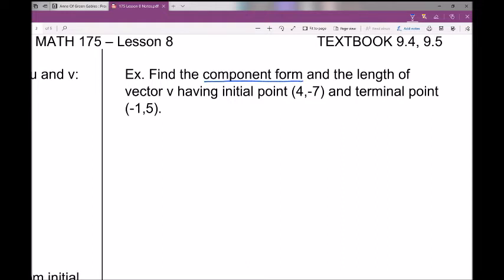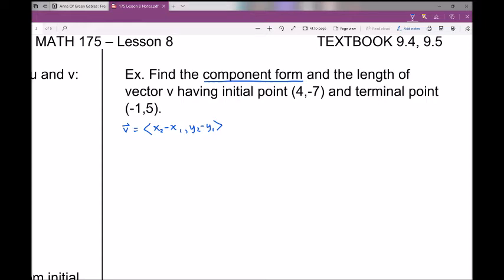So component form, we have vector v is equal to x2 minus x1 comma y2 minus y1. The final point, or the terminal point, you always want to use as point 2. And the initial point you always want to use as point 1.